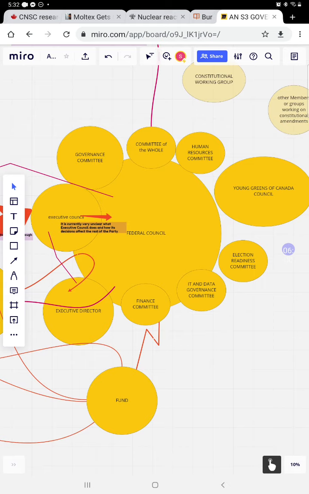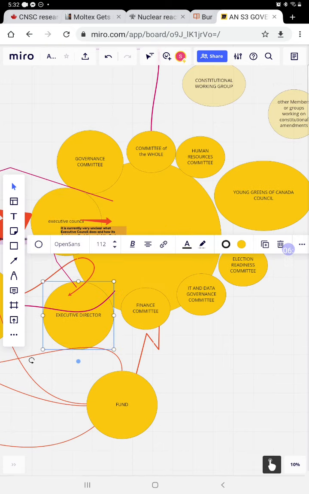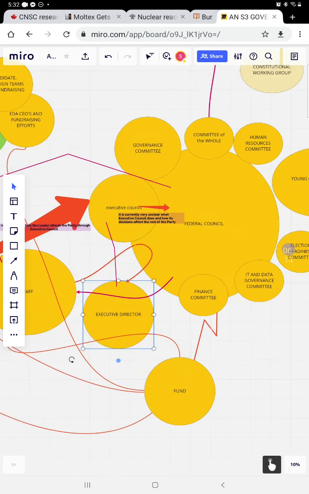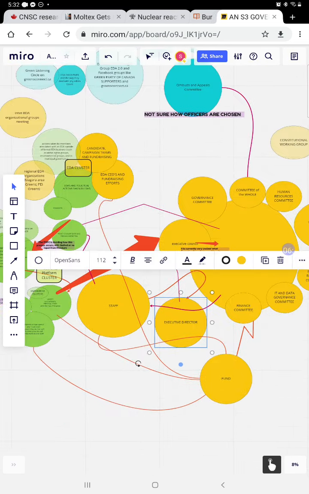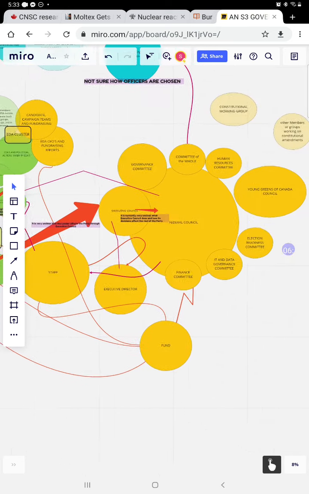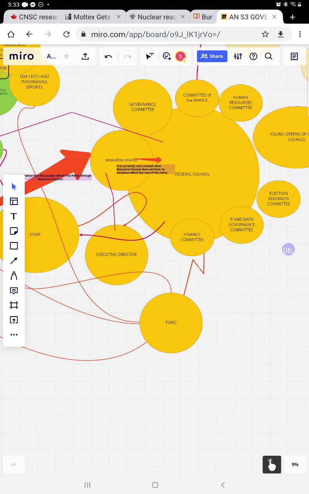And the big problem for me is that there is this body called the Executive Council, and that's why I have these big red arrows that go from the leader to Executive Council, because for me that is an indication of hierarchical control. The other committees all have some transparency around them, but unfortunately the Executive Council has zero transparency.